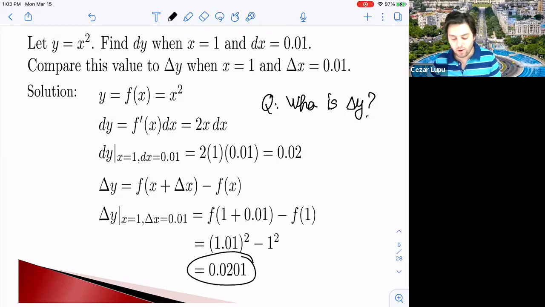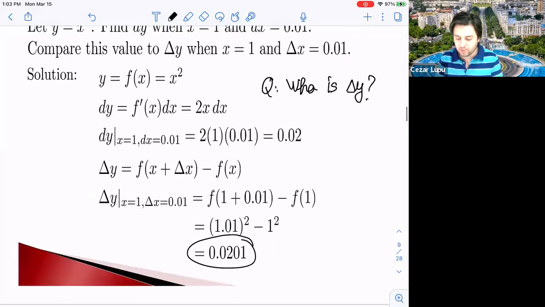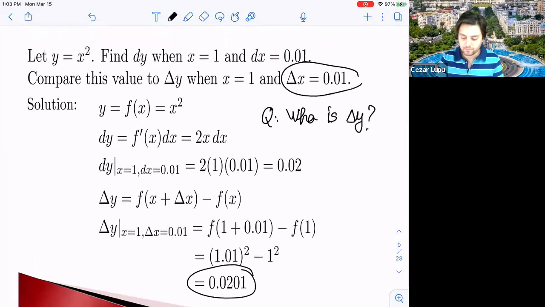So that's what delta y is. As you can see, you can remark the difference between delta y and dy, right? They're not the same. Okay.